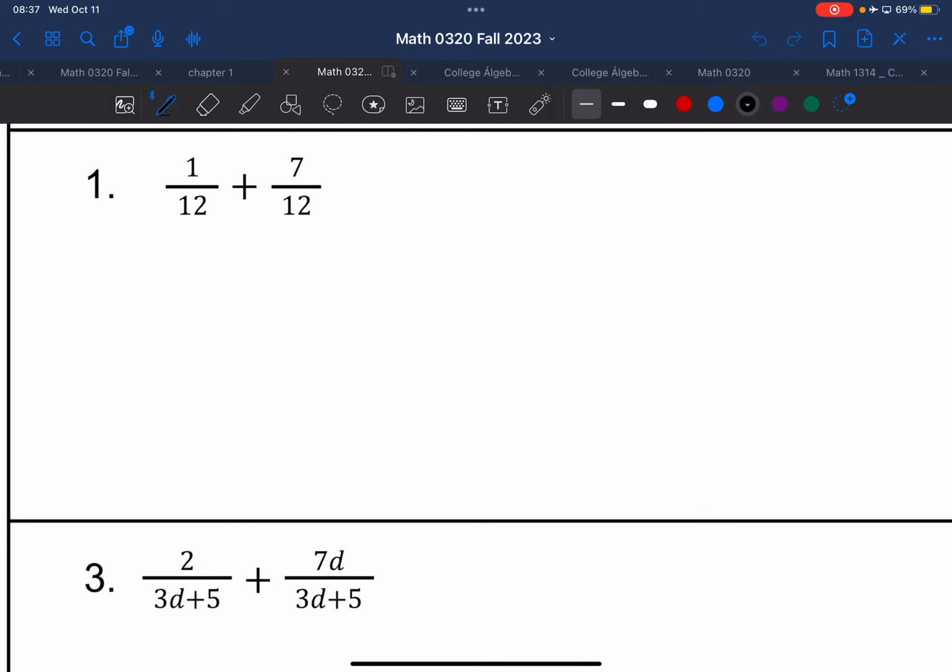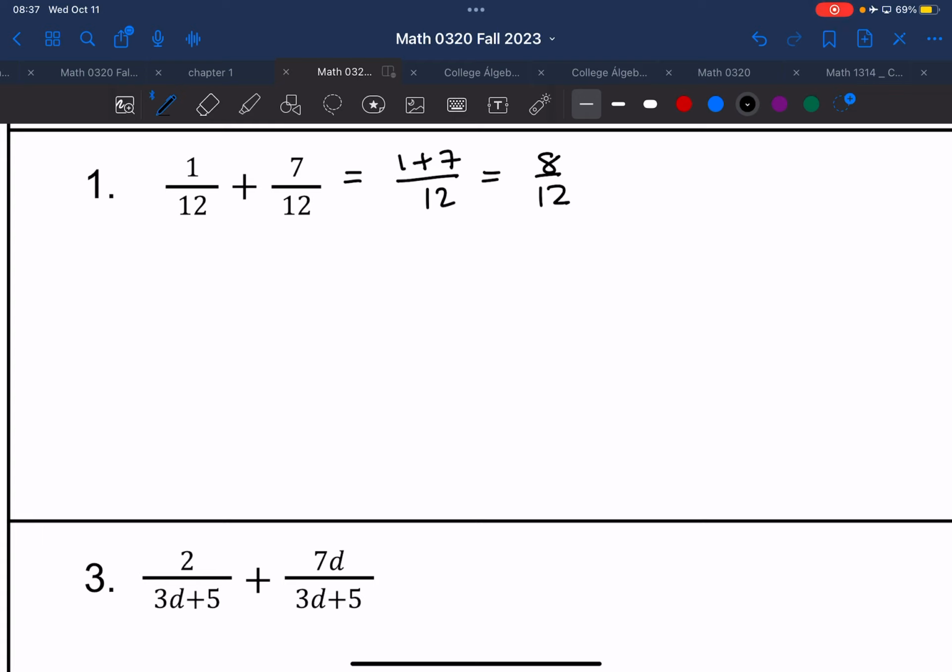Okay. So in number 1, we have 1 over 12 plus 7 over 12. So we have the same denominator here. So we're going to do what to the numerators? Add them. So we have 1 plus 7 over 12, which gives us 8 over 12. Can we reduce that? By what number, top and bottom?